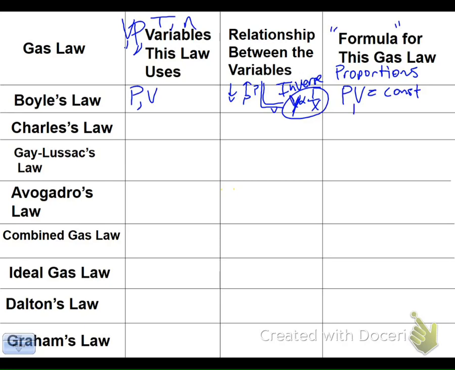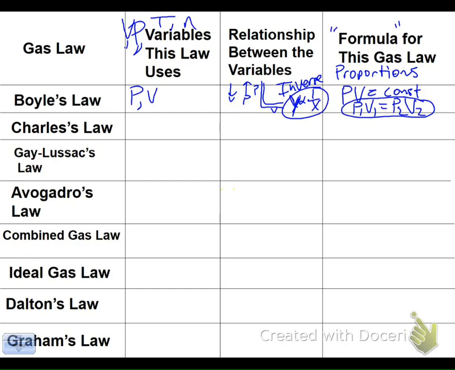So what you've learned in pre-AP is P1V1, the conditions of pressure and volume at the beginning, or initial conditions, is proportional to the pressure and volume product at a different set of conditions. So we say P1V1 equals P2V2, which is what most people think of when they refer to Boyle's law. All right, that's our first gas law.